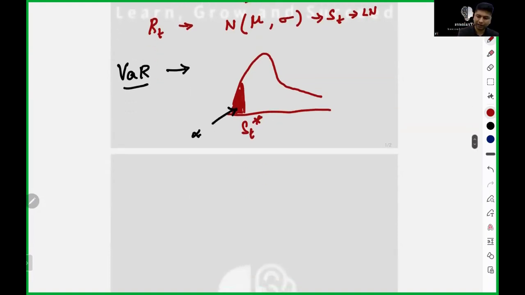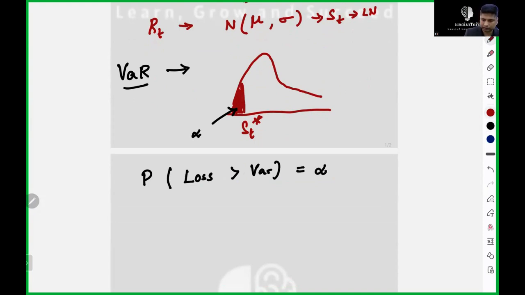So we can write this mathematically like this. What I want to do is say that the loss value that I'm calculating is going to be greater than this VAR, and this probability is going to be equal to my significance level alpha.